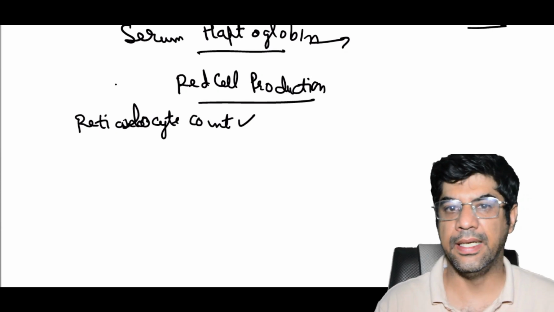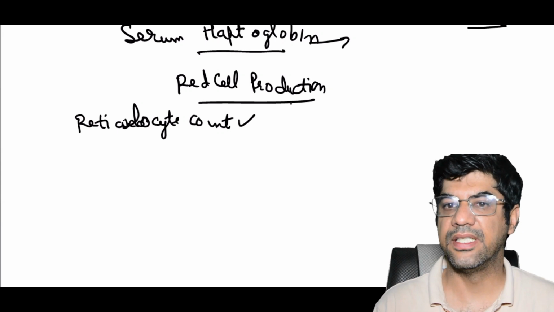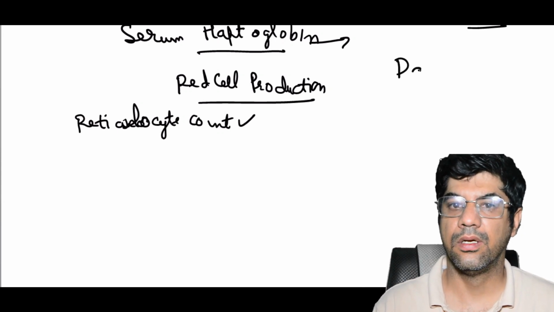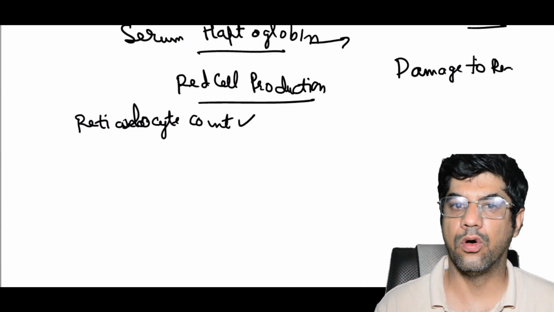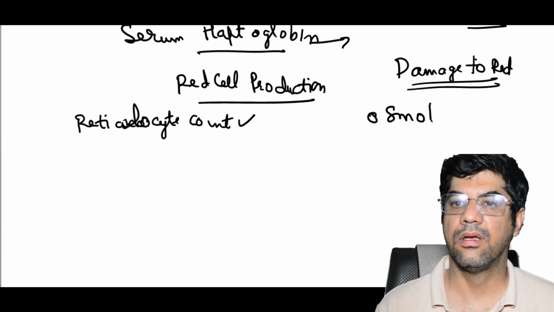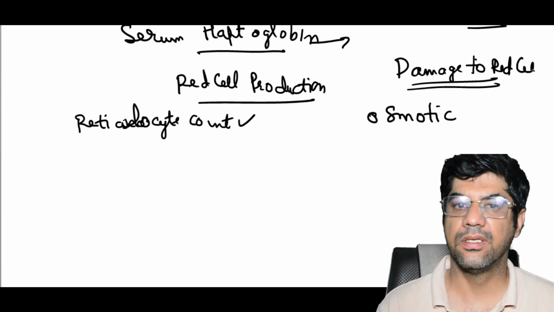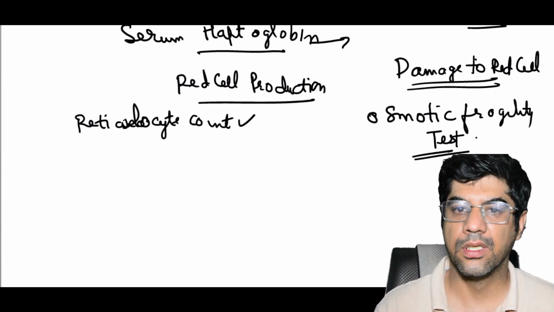Now the tests that indicate damage to red cells could be the osmotic fragility test. This test would measure RBC resistance to hemolysis in hypotonic solution.